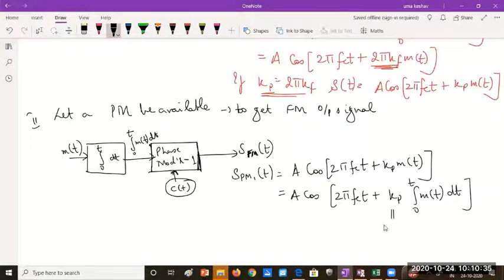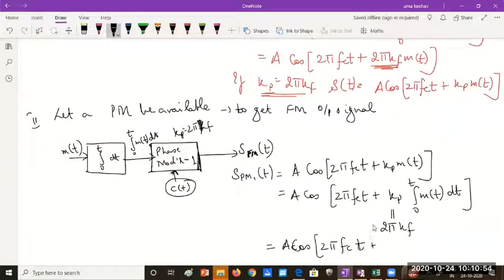Again, what's the last step? I have to make Kp equal to 2 pi kf. If Kp is made equal to 2 pi kf here, you will get the same equation as that of an FM signal.